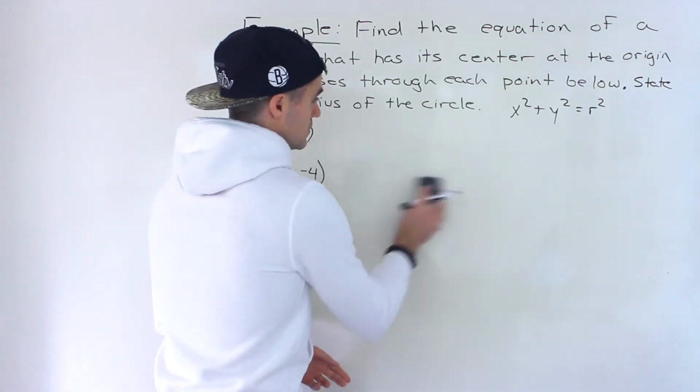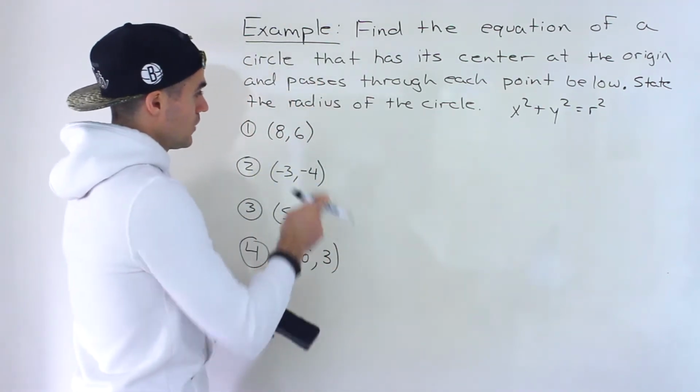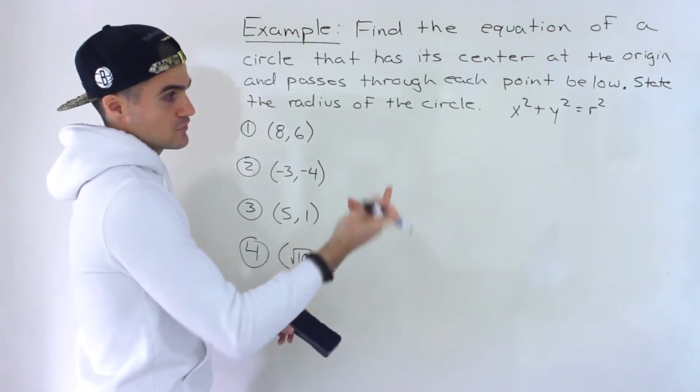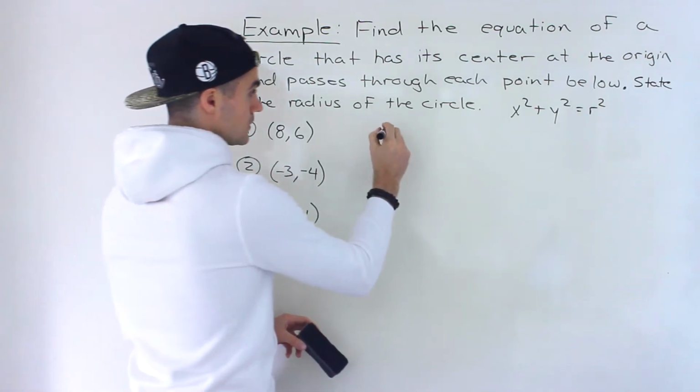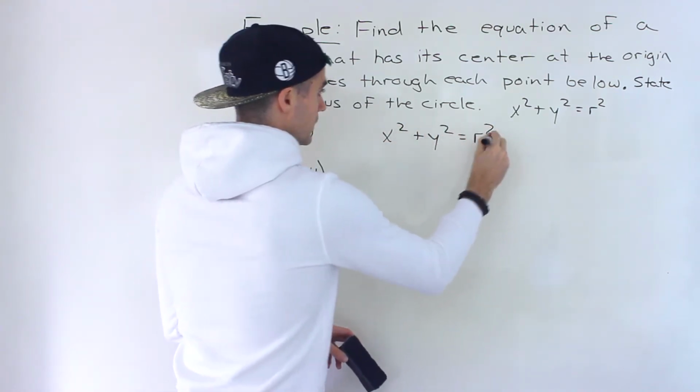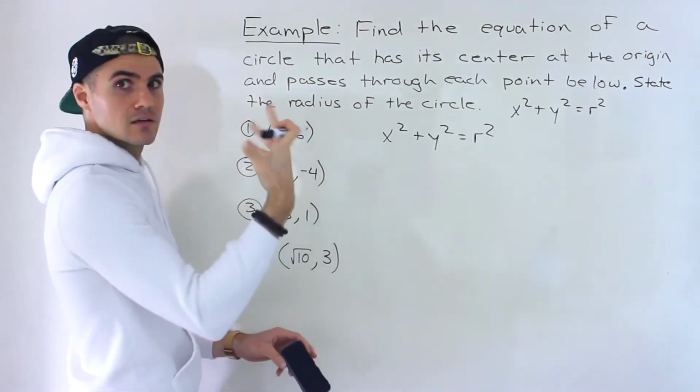So to find the equation, notice we're given points on the circle. Really, what we have to find is just that right side, and it's really easy to do. We can just plug in the corresponding x and y values.